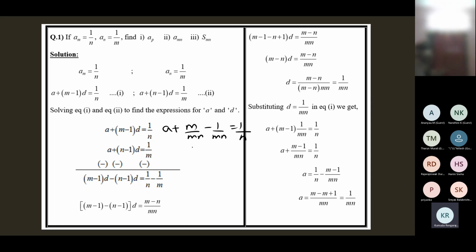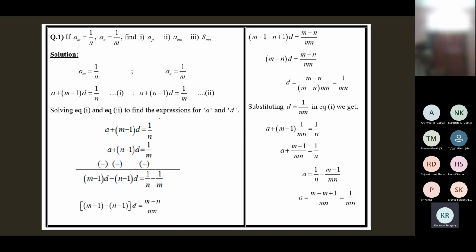So m and m get cancelled. So A plus 1 by n minus 1 by mn is equal to 1 by n. Now this 1 by n and 1 by n get cancelled. So A is equal to, when you take minus 1 by mn to the other side, 1 by mn. Yes, you can do that.